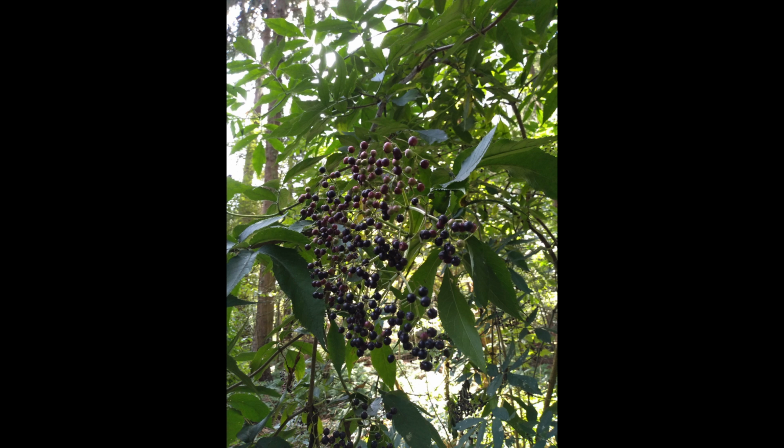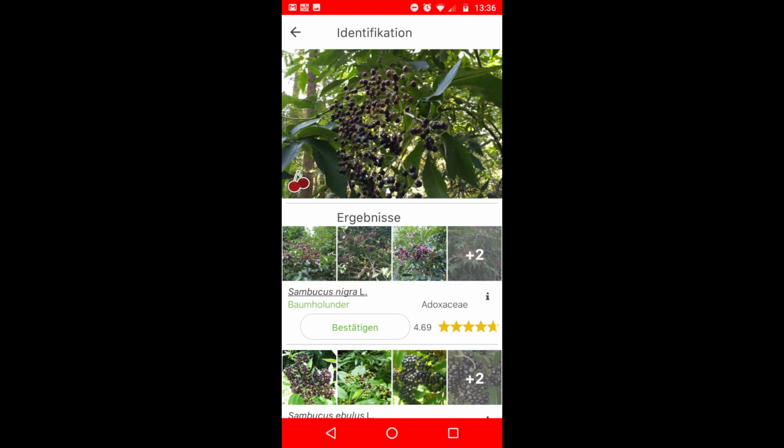Well, let's have a look at what the app suggests. So the first result of Plantsnap would be Sambucus nigra, or the black elder. Is that actually correct? Well, let's have a look at the actual black elder.